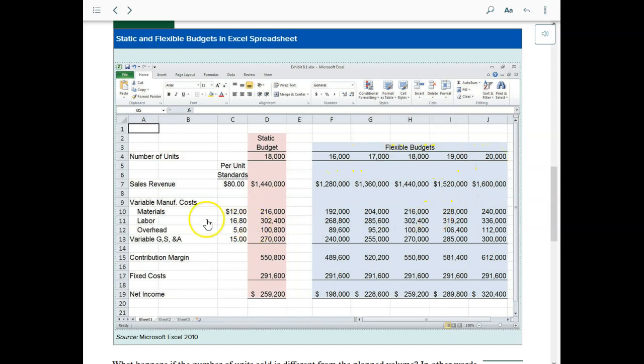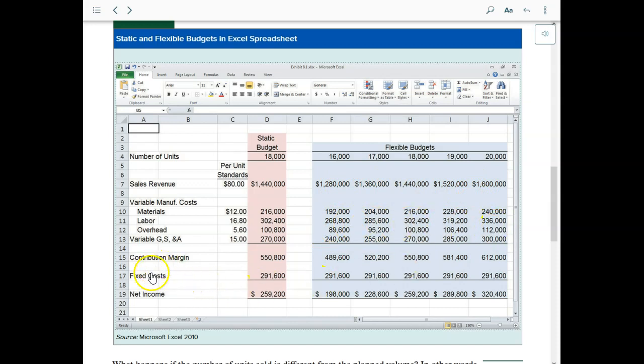Same way with your unit cost. These are the variable cost. Variable cost per unit, all these will be taken times the 16,000 to get these numbers, 17,000 these numbers, and so forth. So what's changing will be your revenue. You sell more, you have more revenue. You sell more, you have more variable cost.